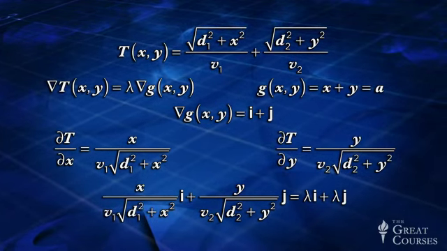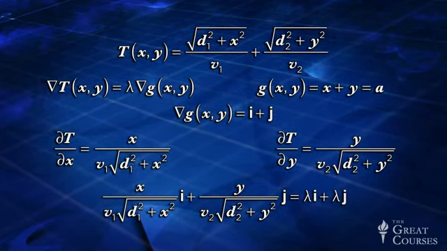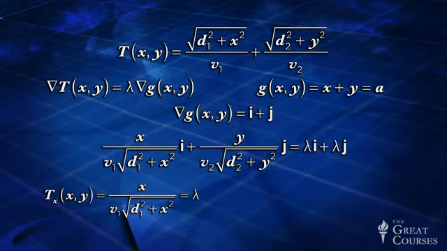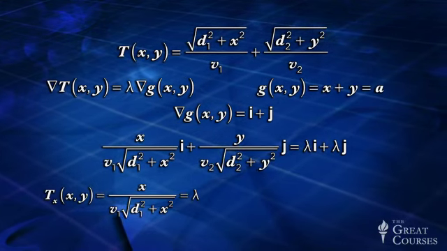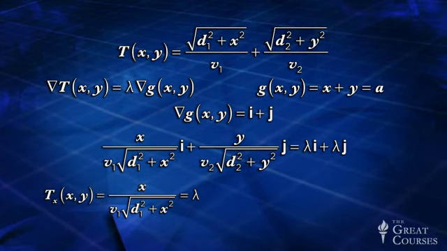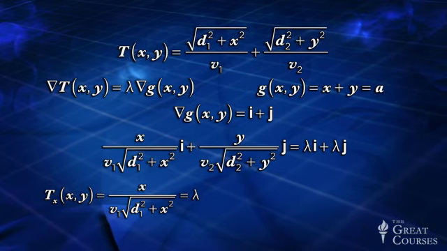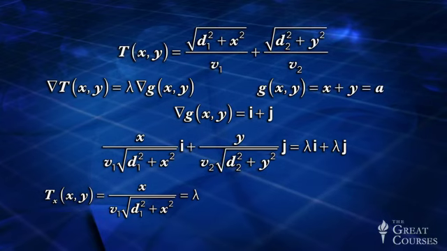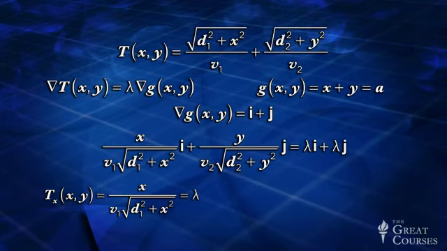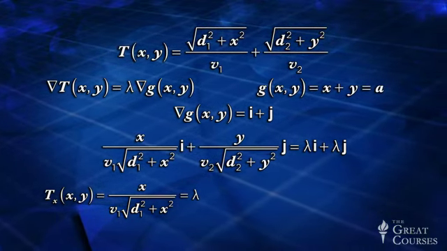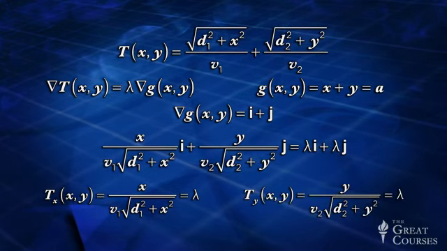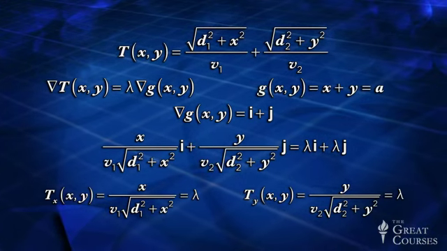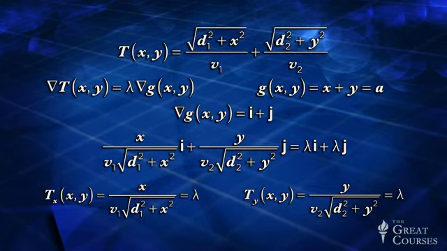Well, that's pretty sweet. That's a pretty nice result. That says that t sub x is x over v1 times the square root of d1 squared plus x squared, and that equals lambda. In other words, the i components are equal to each other, and the j components are equal to each other, so y over v2 times the square root of d2 squared plus y squared also equals lambda, and x plus y equals a, the constraint.